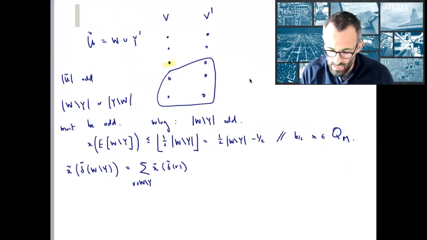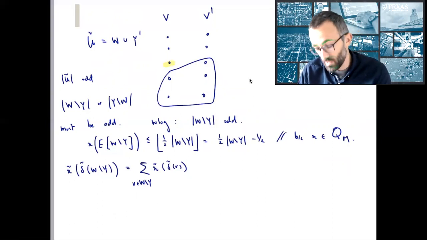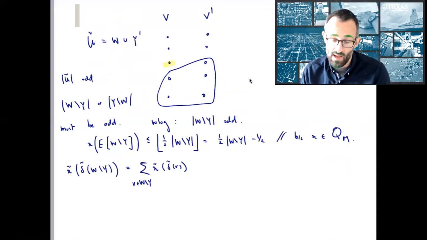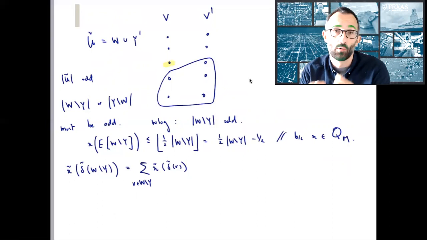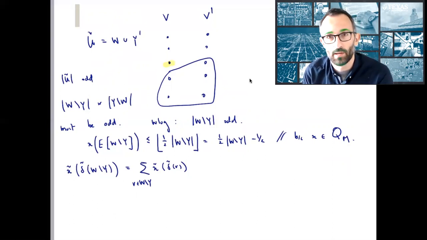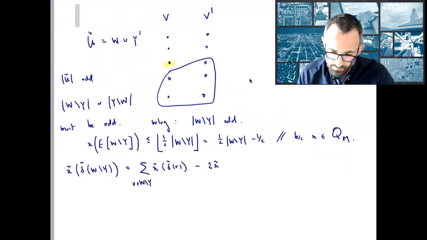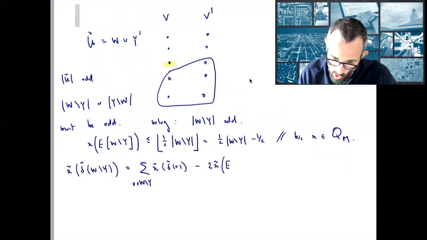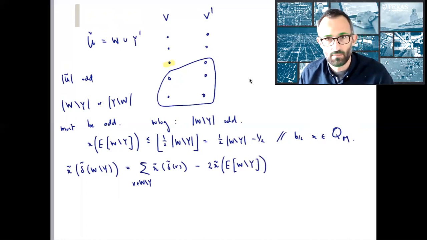But what I've written down now is all of the edges that touch any one of the nodes of w minus y. So in particular, I'm counting way too much. I'm counting also all of the edges that, for example, go from a node in w minus y to another node in w minus y, which is not counted on the left. And I can easily fix this by just subtracting twice the weight of all of the edges that have to do with w minus y.